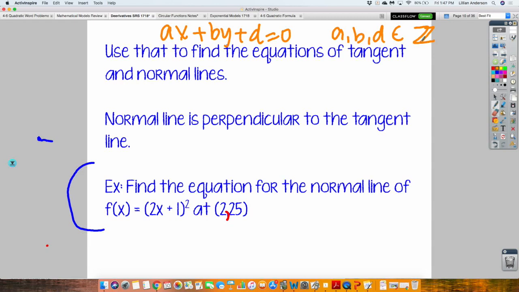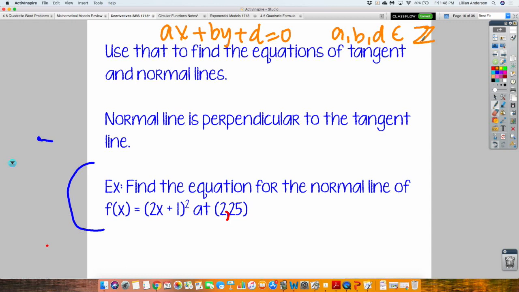You always need a point when you're writing the equation of a line, or you need something to help. So we have our point, we just need the slope. We need the derivative to find the slope.